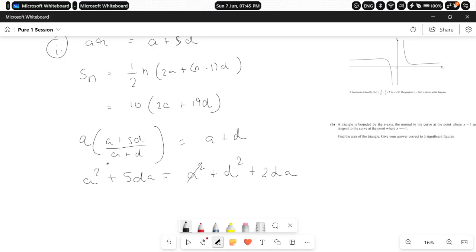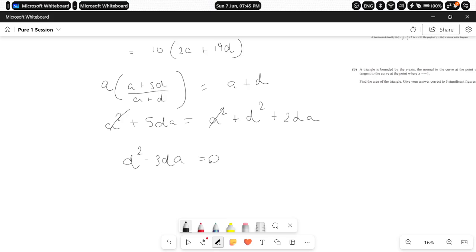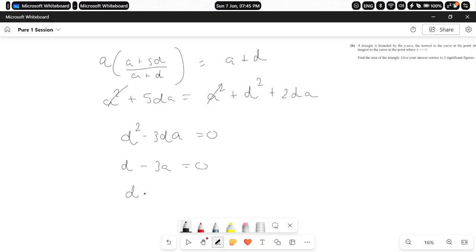Now a squared is cancelled. You can take everything to one side, so d squared and then 2dA minus 5dA, so minus 3dA is 0. You can divide by d because d equal to 0 is not a possible answer. So d minus 3a is 0, and then you get d as 3a.